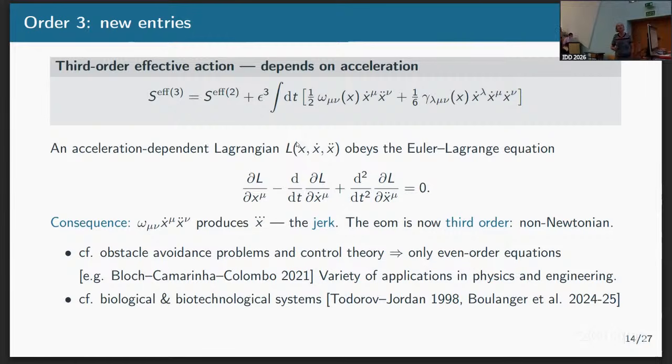You have to take into account the change in the acceleration and sometimes also higher corrections, but this really plays a role also in different systems.